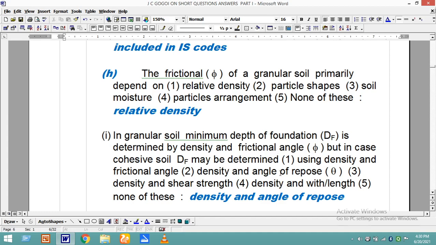That can be derived by taking density and angle of repose. The equation is Df = P divided by unit weight, times (1 minus sin theta) divided by (1 plus sin theta). From that equation we can calculate the depth of foundation for cohesive soil where phi is 0.